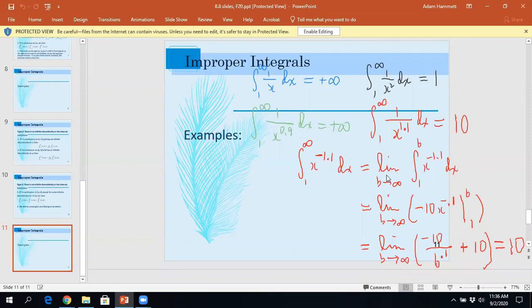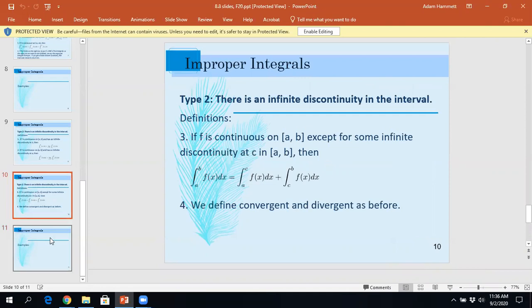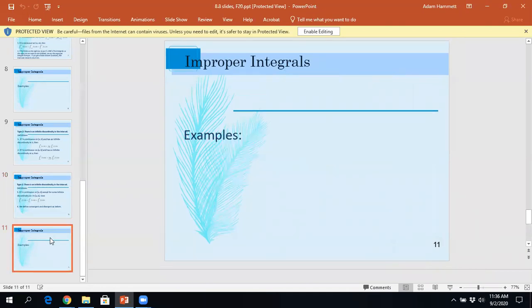Let me clear this. I'm done, but let's do another example here. What about this? I want you to think about this for the next 5 minutes at your table. What about the integral from 0 to infinity of sine of x dx?